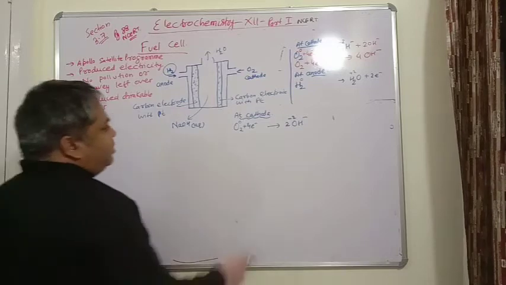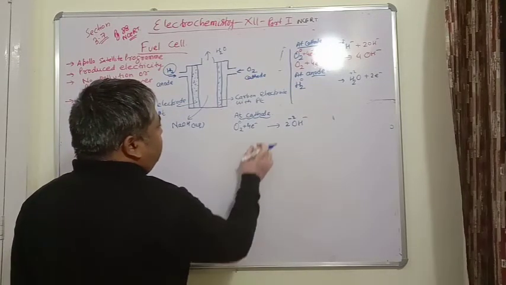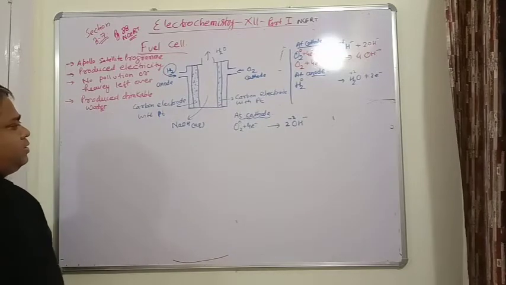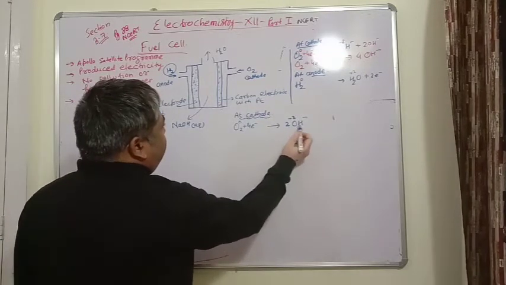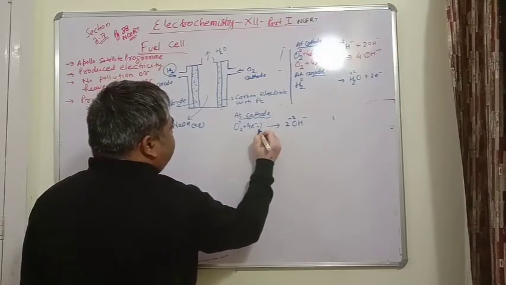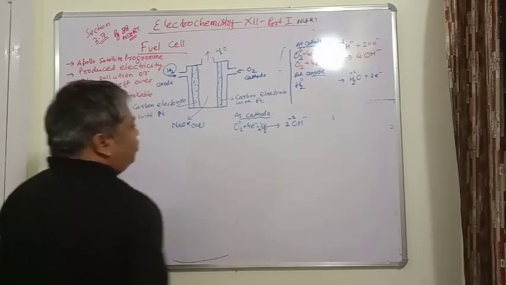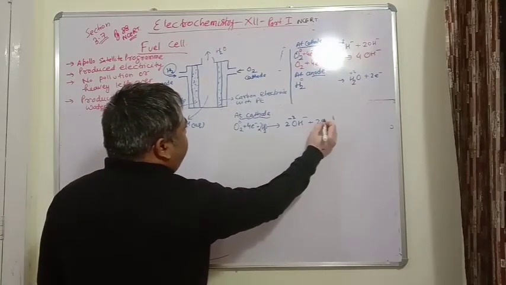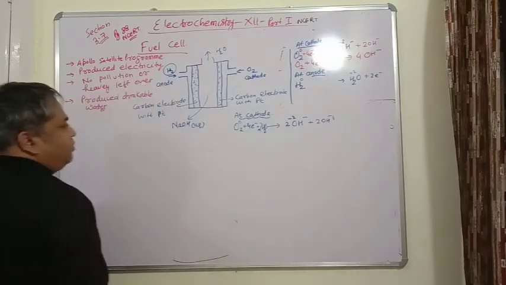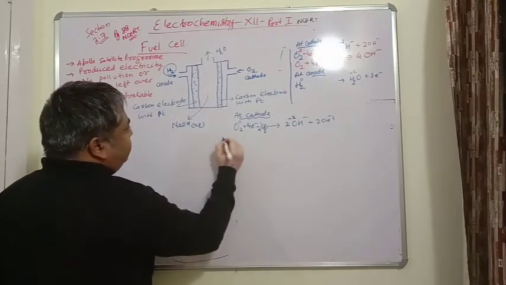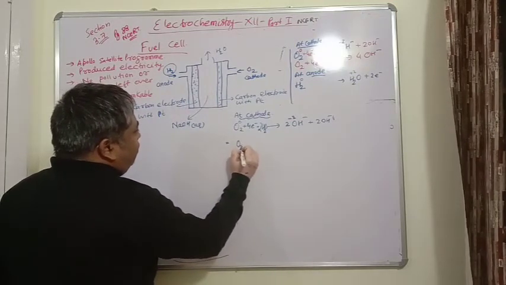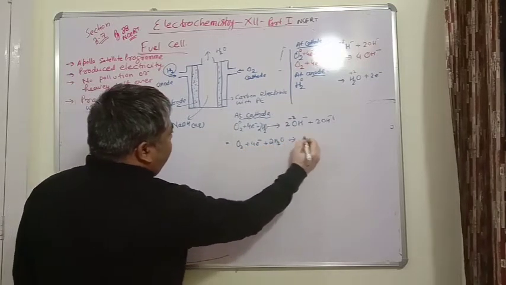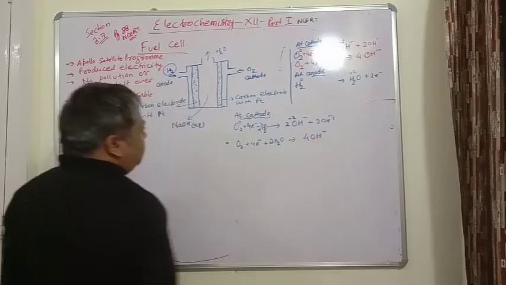But there is no hydrogen this side and there are 2 hydrogens this side. So to balance it, as many OH as there are, that much H2O we will give, and we'll subtract that much OH. So this will become 2 OH minus this side. So this can be further written as O2 plus 4 electron plus 2 H2O will form 4 OH minus.